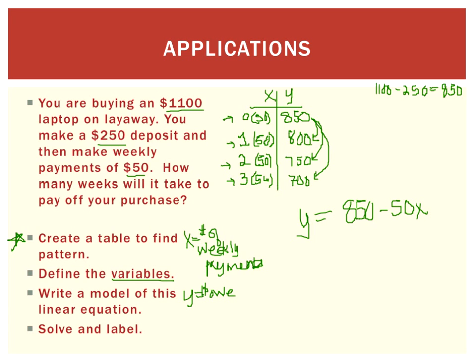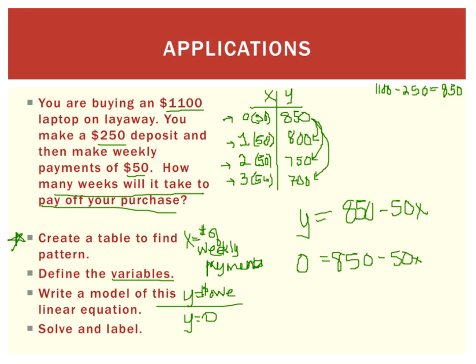And the last part says, how many weeks will it take to pay off my purchase? Well, if I'm looking to pay off my purchase, I'm looking to make what I owe $0. And I don't want to owe anything left. So to solve this then, I would say, well, if I want this to be $0, then I have to find the number of weeks that that's going to take me. So I'd have $0 equals that $850 I owe minus 50 times how many weeks.